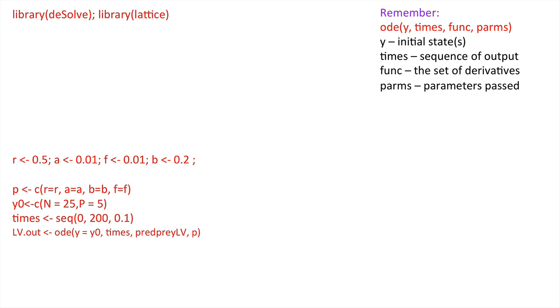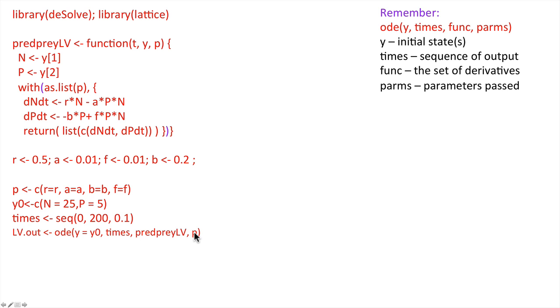Now here is the main part of our ODE solver. We're going to be saying the output from the Lotka-Volterra model is this. Of course, we need to define our function, but everything else is all set out here.